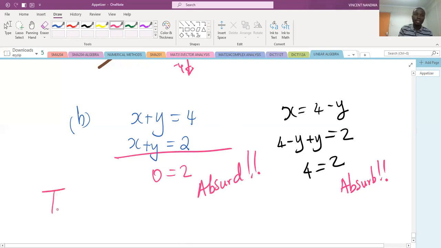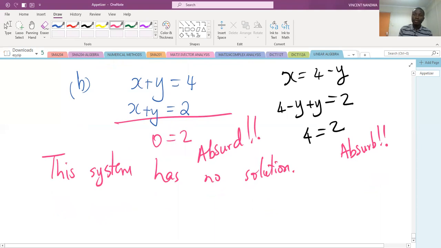So this system has no solutions. Let's also graph.